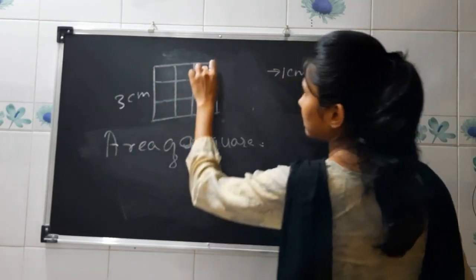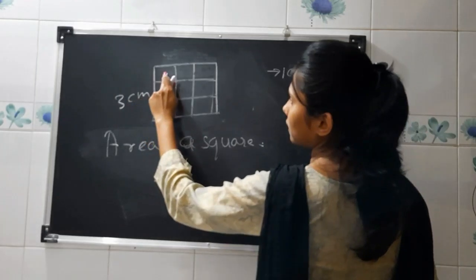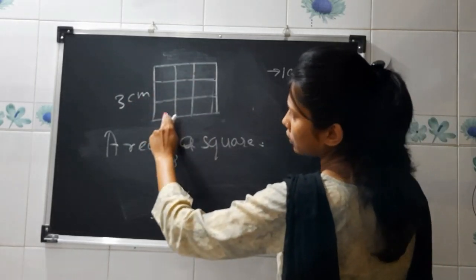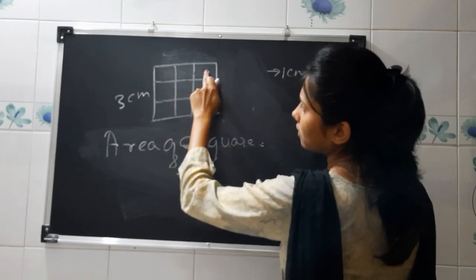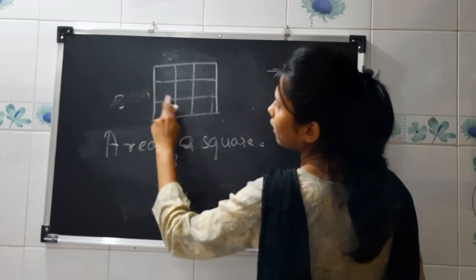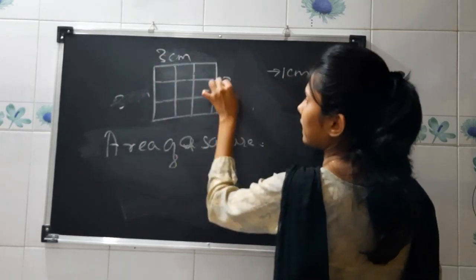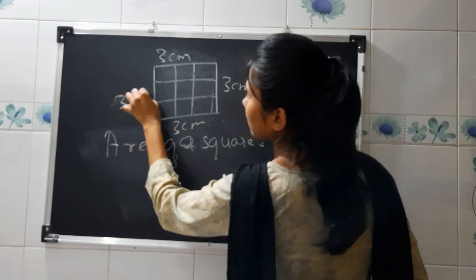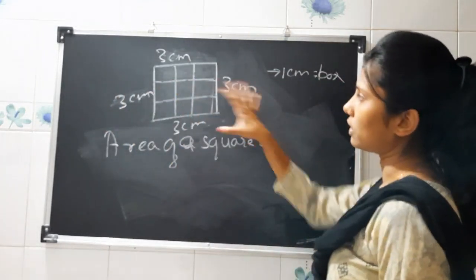Now suppose this is a square. You can see there are horizontally 3 boxes and vertically also 3 boxes. So the side of square is 3 centimeter. All the sides of square are equal, same.